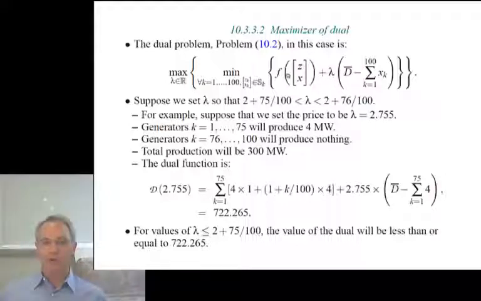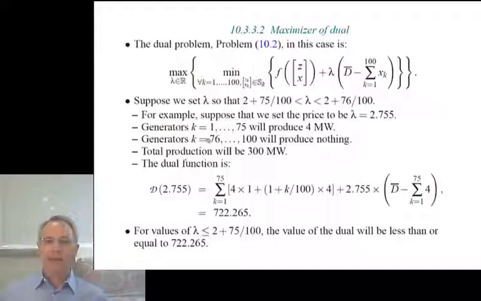Remember, however, that because F separates and because these terms separate, we can think of these as a collection of profit maximization problems. In particular, what we find is if lambda is between 2 plus 75 on 100 and 2 plus 76 on 100, for example, to be concrete, let's suppose lambda is 2.755, then this is just big enough such that generators 1 through 75 will each produce 4 megawatts because it's just above 1 plus beta k for each of k equals 1 through 75.